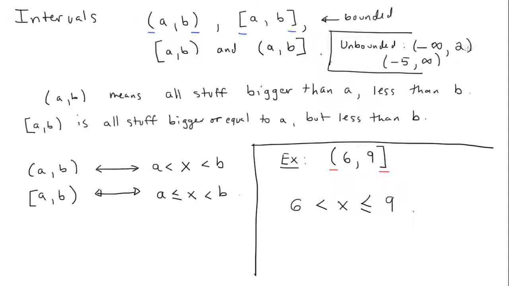Those are examples of unbounded intervals. Whenever you have infinity or minus infinity, never use square brackets with it. Always round parentheses, because it's not possible for a number to equal infinity or minus infinity. Those aren't numbers. In the same way that with 9, it's possible for a number to equal 9. Okay, so in this example, neither one of our endpoints are infinities, and so this is definitely a bounded interval.